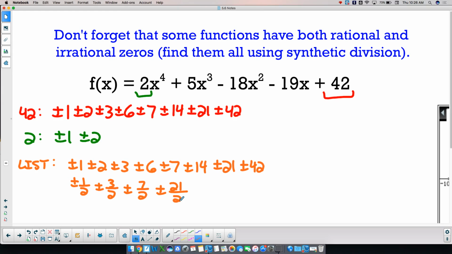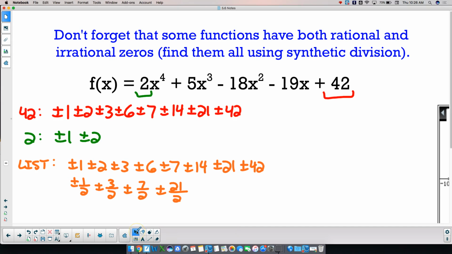So my list is still pretty long. There's 24 items still on my list. So we can utilize a graphing utility to shrink that list even further.